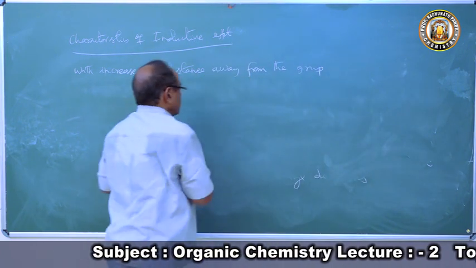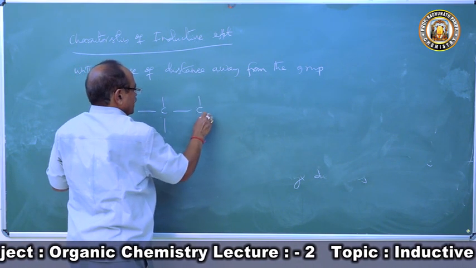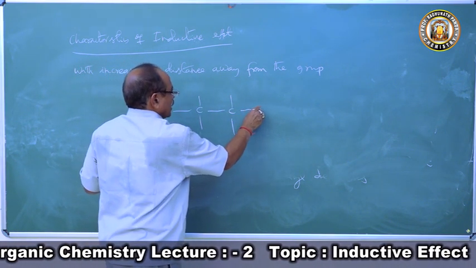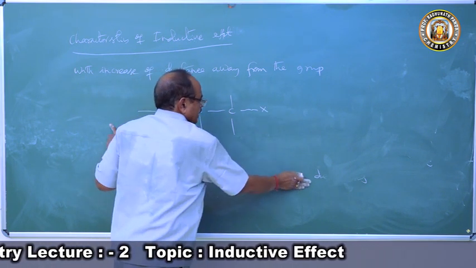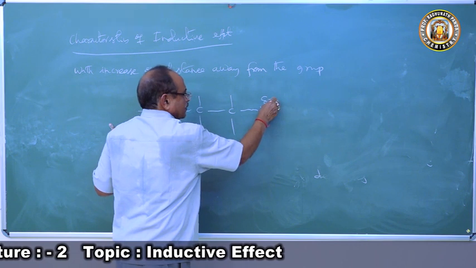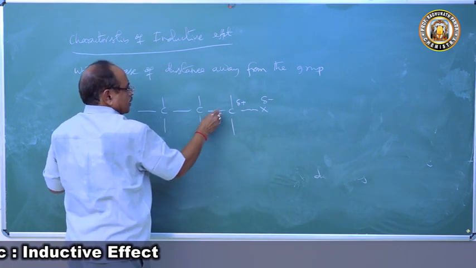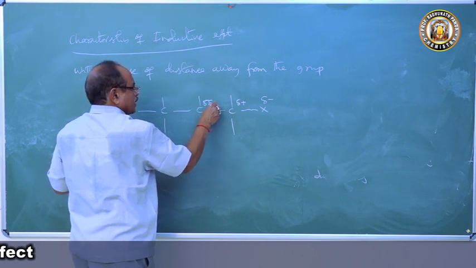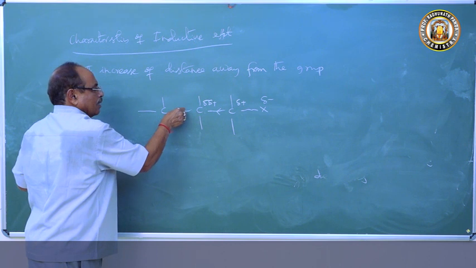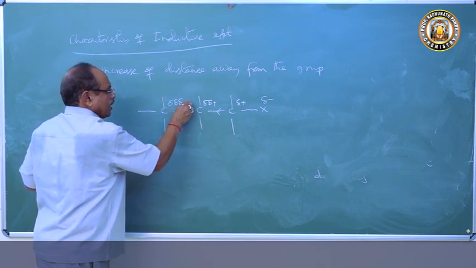So suppose this is the carbon chain, and X is an electron attracting group. So this is negative and this is delta positive. This carbon atom will again transmit, so this will have delta of delta positive, and this again is delta of delta positive.